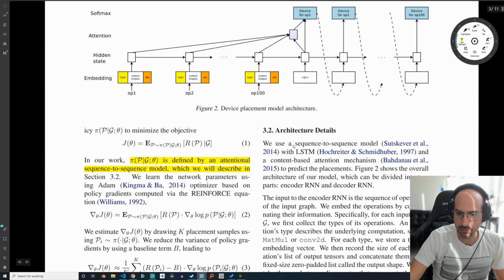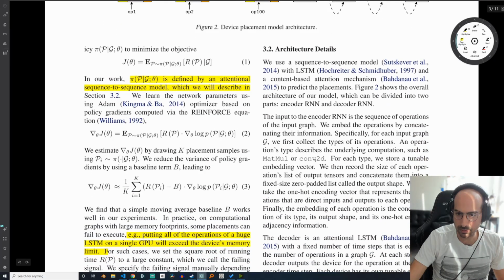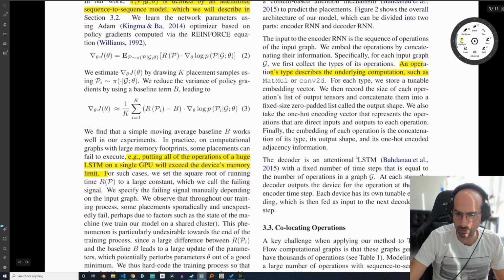Okay, so they use a sequence-to-sequence model of the computations.